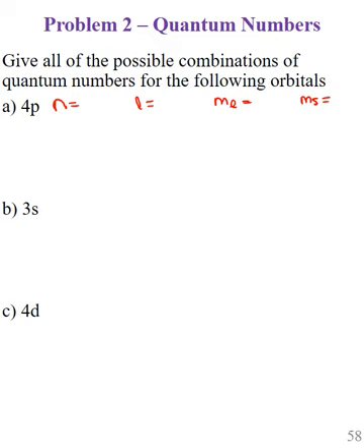What would our n have to be? Our n is going to be 4 because that number out in front represents our n. That represents the shell that we're in, or the energy level, same thing. What would our L have to be?